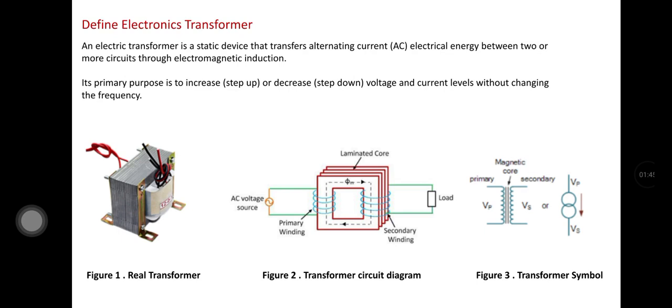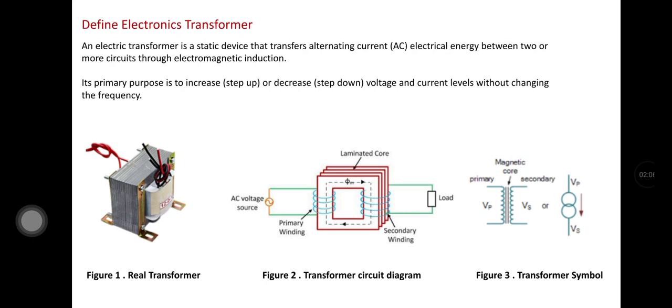So transformer is a static device that transforms alternating current electrical energy between two or more circuits through electromagnetic induction.